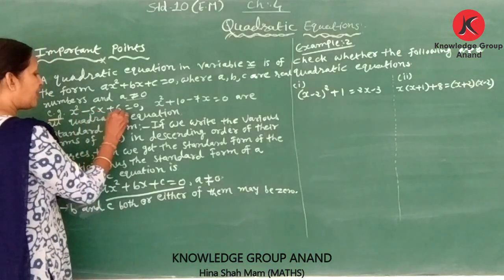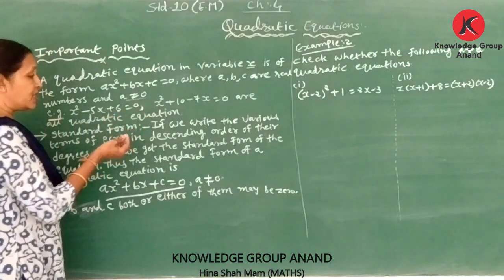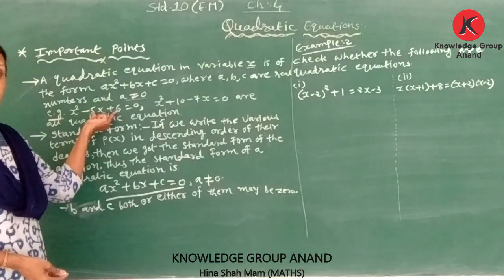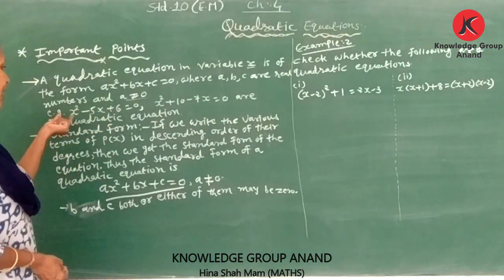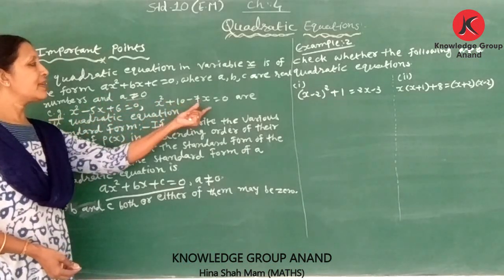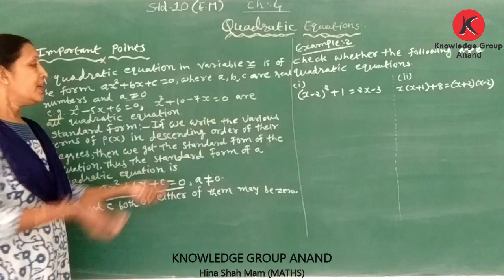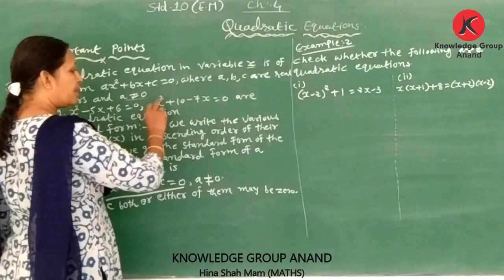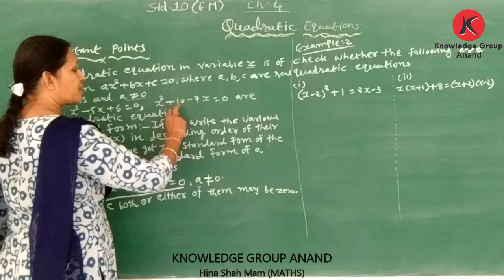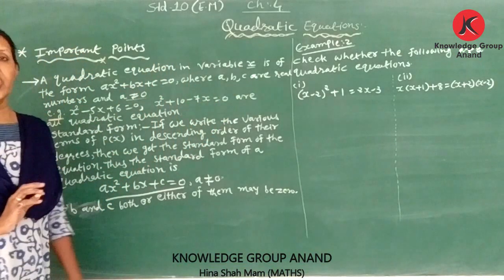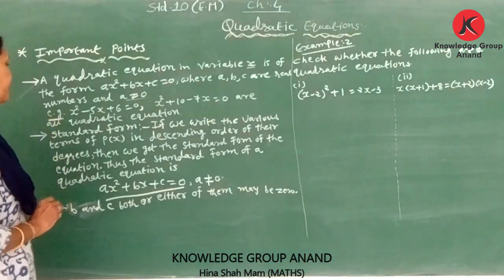x square minus 5x plus 6 is equal to 0 is a quadratic equation. Here we arrange the terms in descending order of power: x square minus 7x plus 10 is equal to 0 are all quadratic equations.